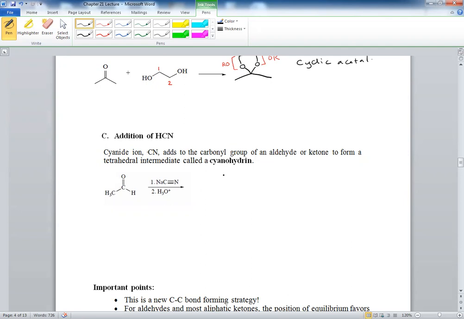Meaning you have an OH attached to the same carbon that the cyanide is attached to. So here is the mechanism. NaCN, meaning you have CN minus as a nucleophile, attacks the carbonyl carbon.